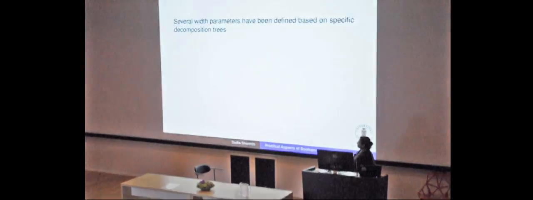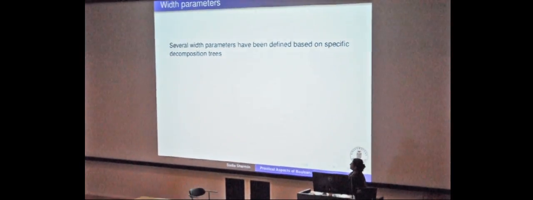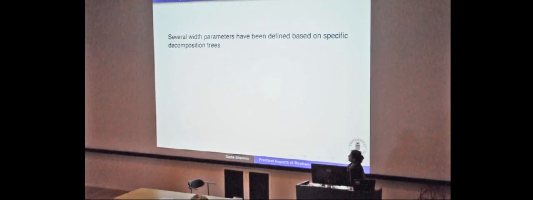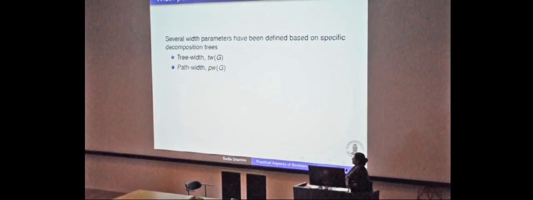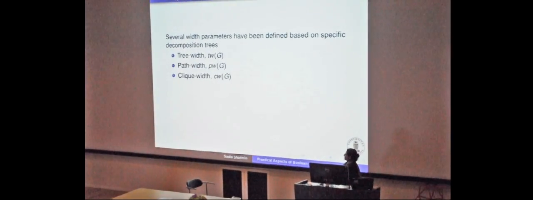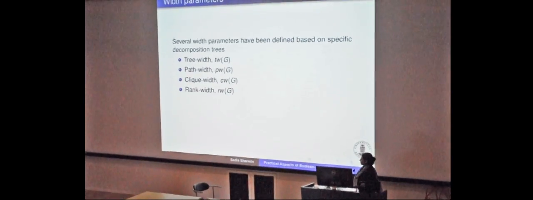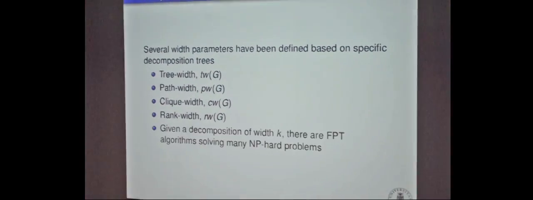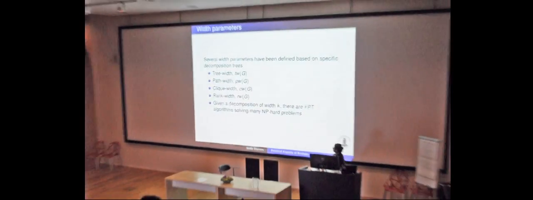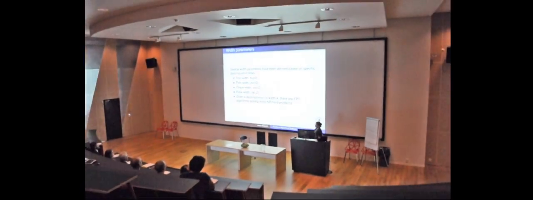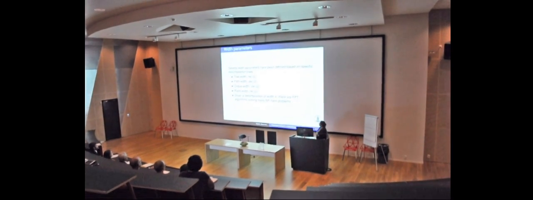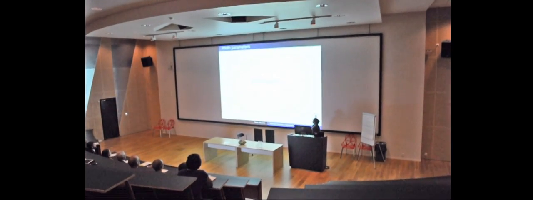There are several width parameters based on the decomposition tree, such as tree-width, path-width, rank-width, clique-width. Given a decomposition tree, there are parameters that drive algorithms for the decomposition. One such parameter is the union.